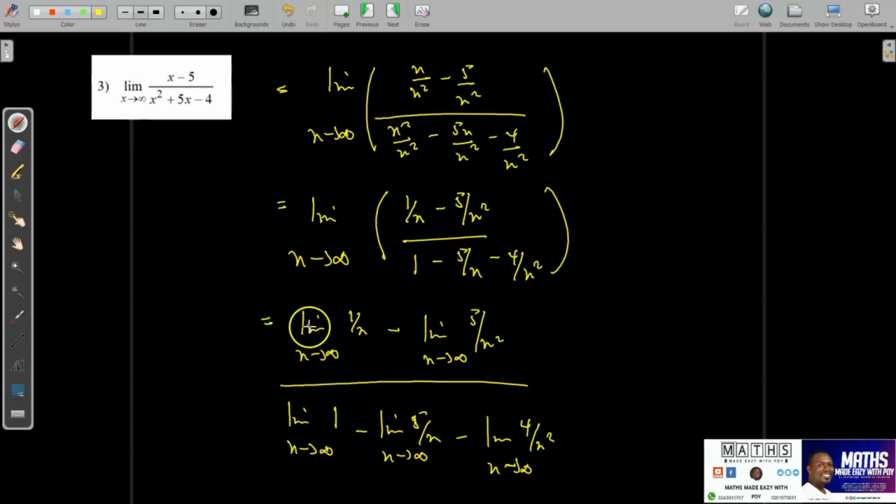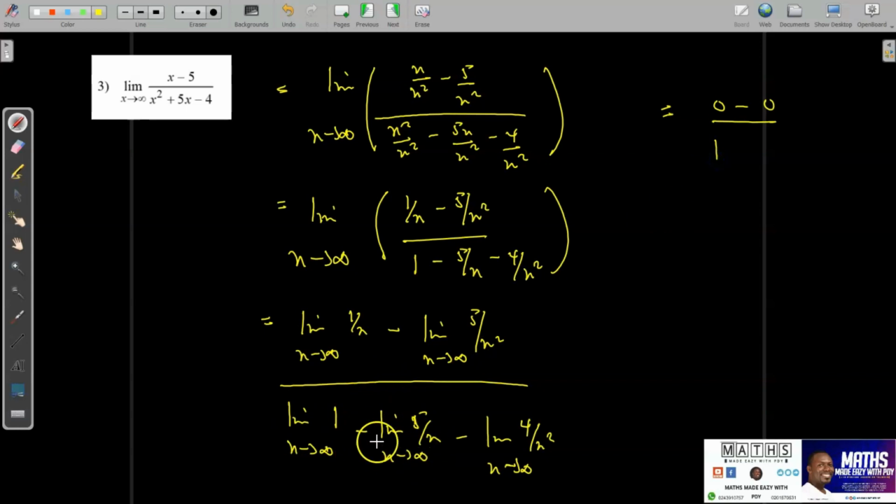So per the 1 over x concept, as x approaches infinity, what are we going to obtain? What is the answer here? 0. Minus, what's the answer here? It's still 0. Good. All over, what do we have here? 1. Good.